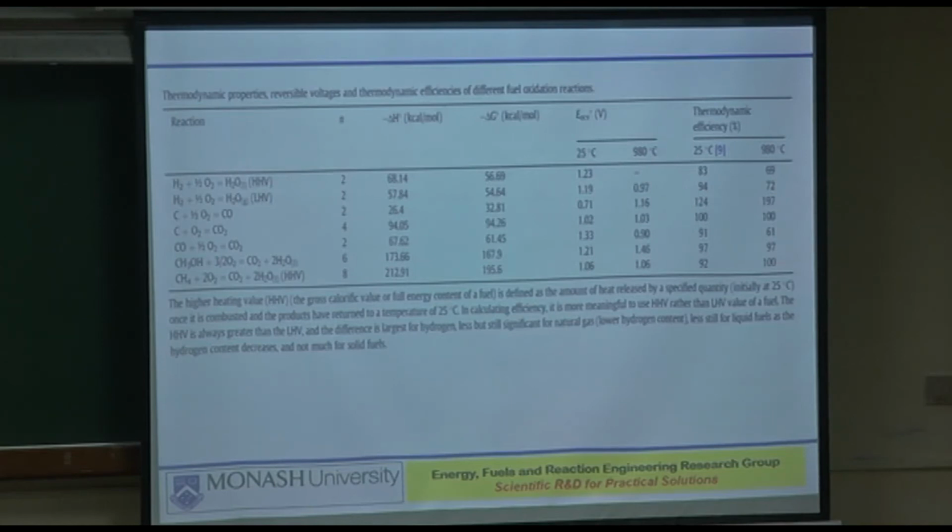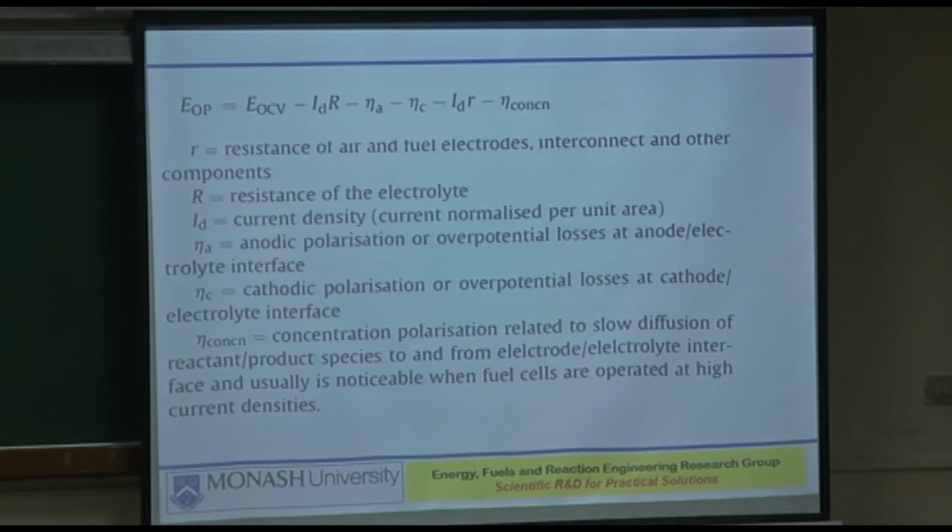to define how the open cycle voltage and the overall voltage is estimated. So this is how it is. The subscript OP stands for the overall voltage. OCV is the open cycle voltage, and from that you start deducting all the resistances that Dr. Davis said. There is a whole lot of internal resistances. There are resistances of the electrolyte, the second item.